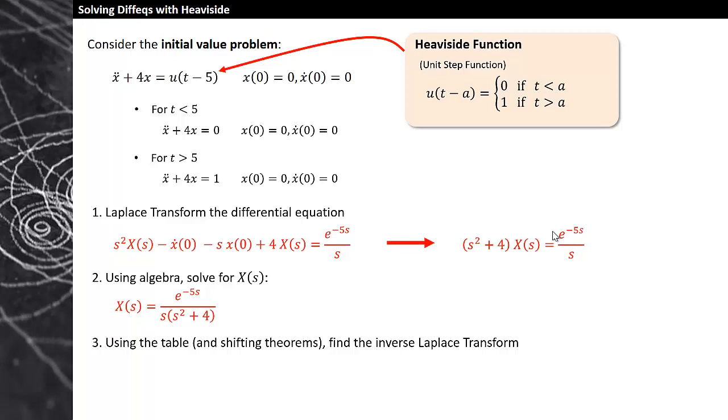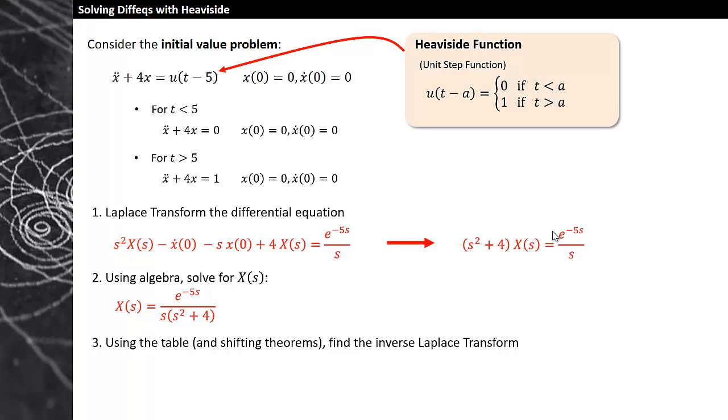The only other thing we need to do is now use the table to find the inverse transform, and what complicates this is that factor of e to the minus 5s. But we know our second shifting theorem tells us that when there's an e to the minus 5s, what we should do is focus on the Laplace transform of the term without the exponential.